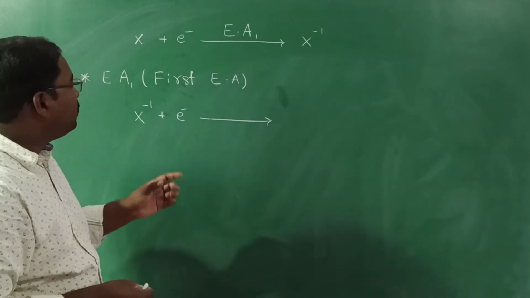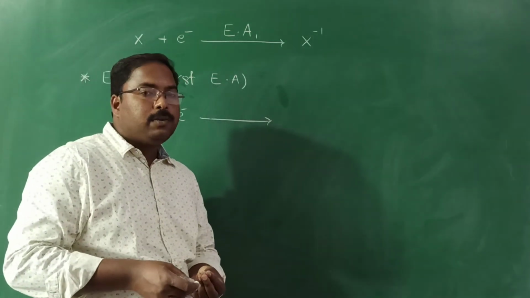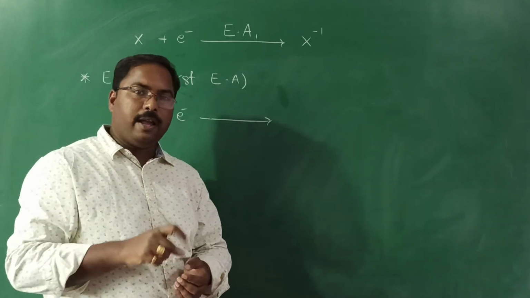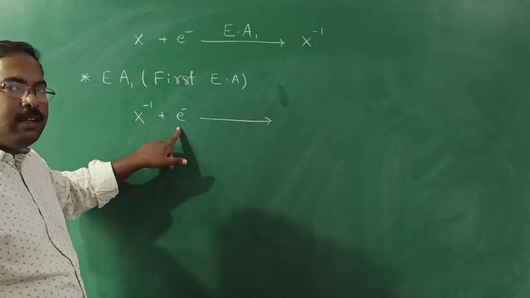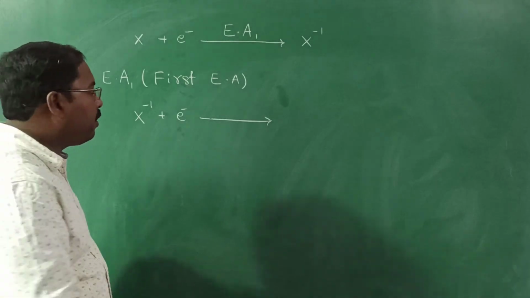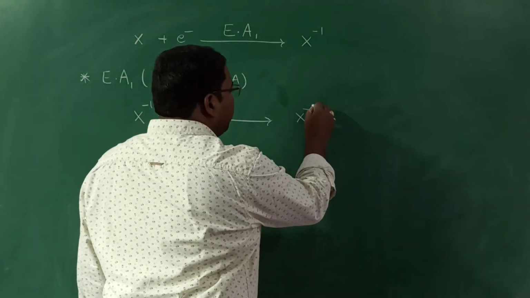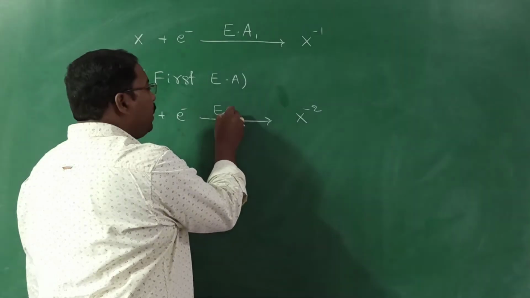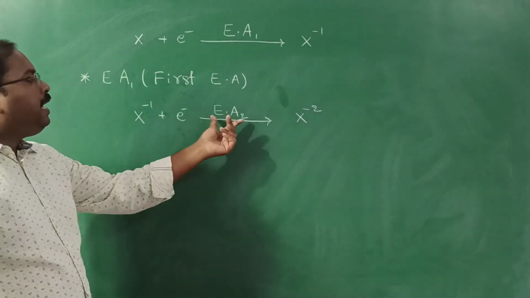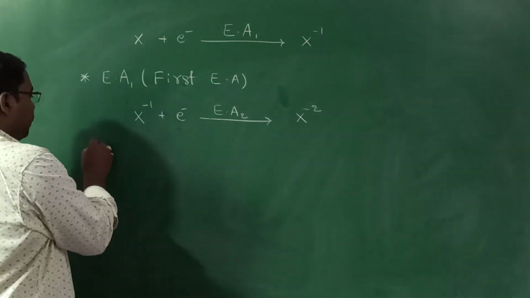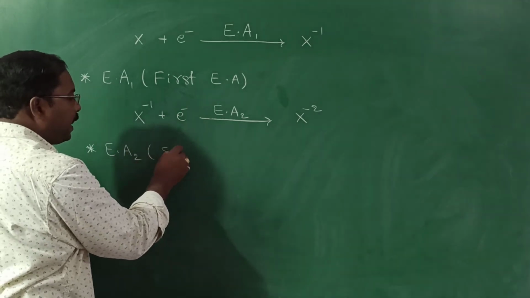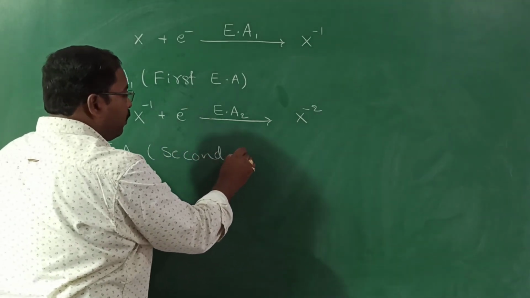In the case of second ionization potential, it is the energy required to remove the electron from a uni-positive ion. Here it is the energy released during addition of an electron to the uni-negative ion. So it will become -2 charge. The corresponding energy released or gained will be represented as EA2, nothing but the second electron affinity.